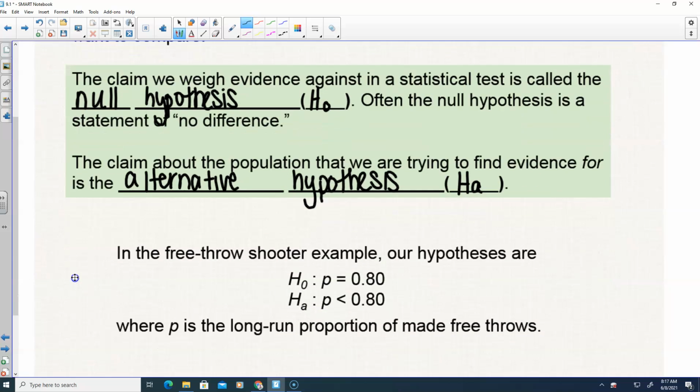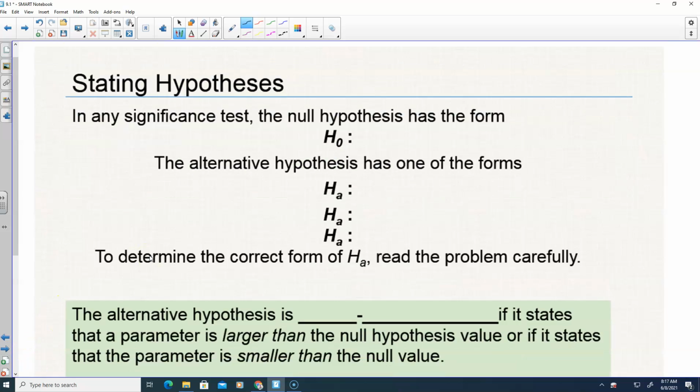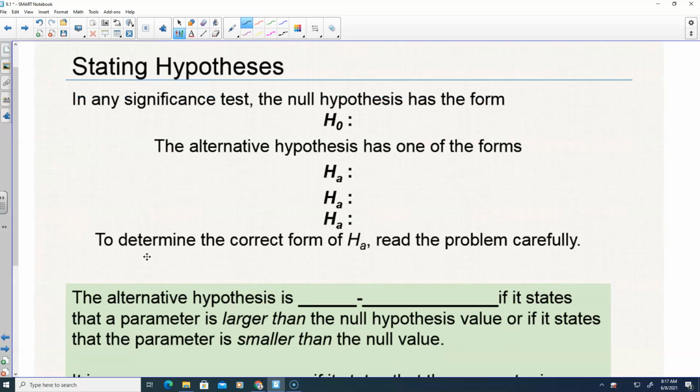So in the case of our free throw shooter, he's claiming to be an 80% free throw shooter. So the null hypothesis is p equals 0.8, and for the alternative, we think that it's less than that. So the alternative is going to be p less than 0.8. The null hypothesis is always going to be in the form of a parameter equals the value that's being claimed. The alternative hypothesis is going to be one of the three following.